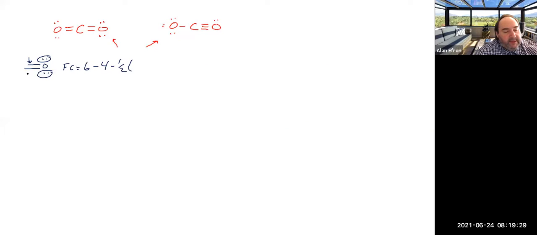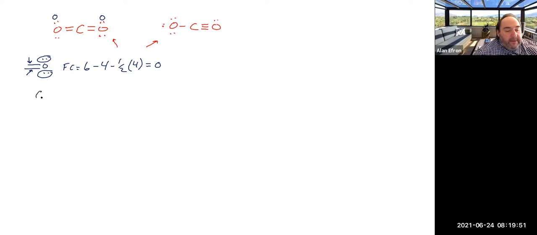Remember, each line represents 2 electrons, so that is 4. That's going to give me 6 minus 4, which is 2, minus 1/2 of 4, which is also 2. That's going to give me a 0. So this double bonded oxygen is 0. The other double bonded oxygen will come out the same, which is 0 as well.